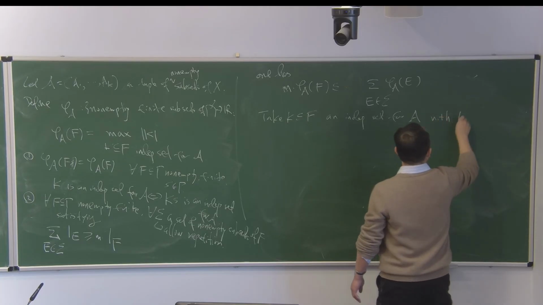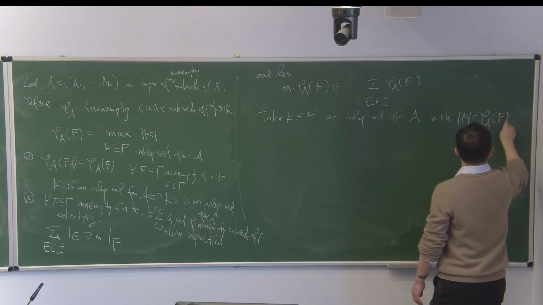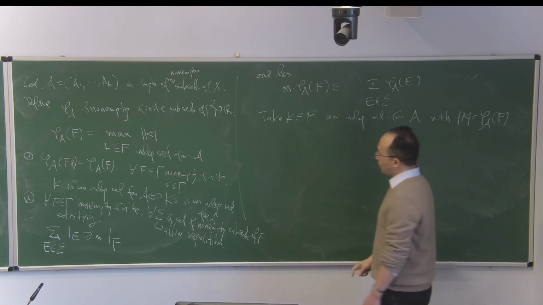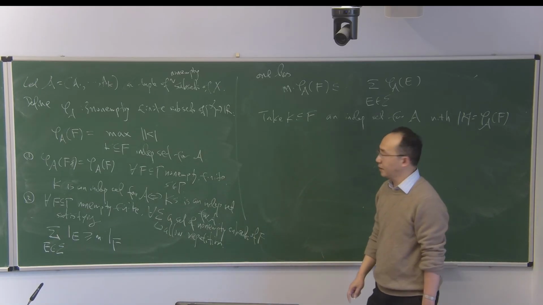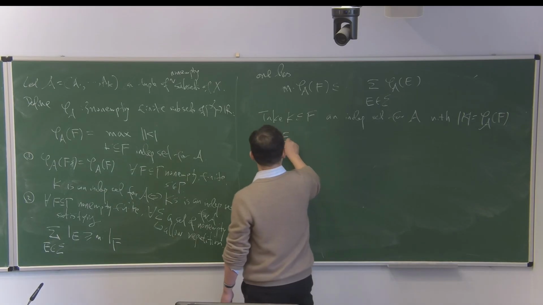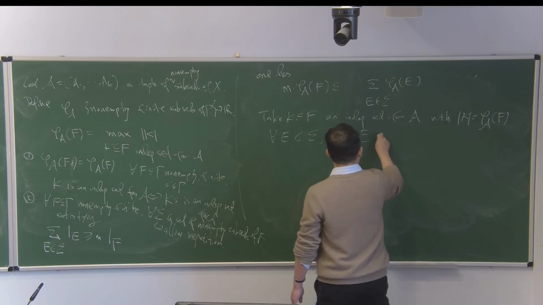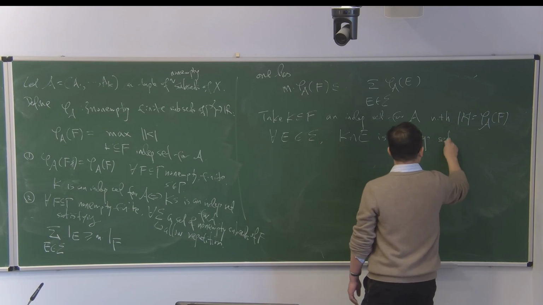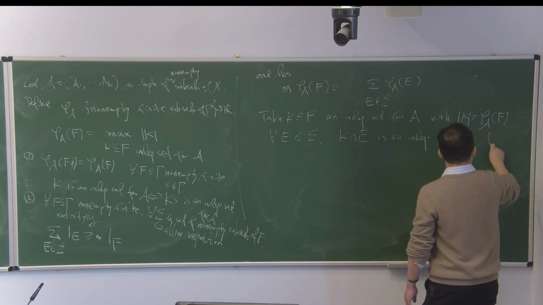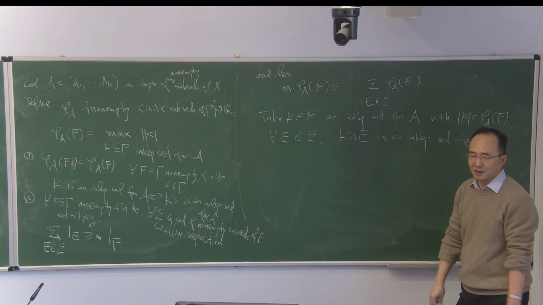So that means the size of K is equal to phi A of F. Then for every E, we just take the intersection with K, and that will also be an independent set, because if you take a subset of an independent set, that's also an independent set.